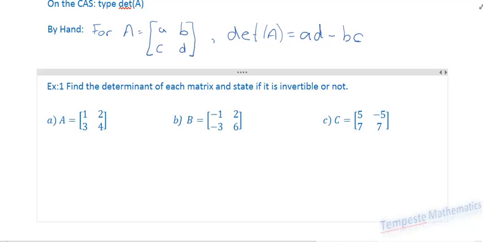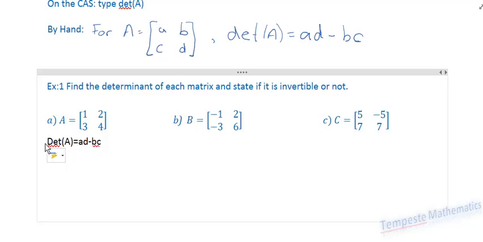If we're looking to find the determinant, my determinant of A is AD minus BC. So it's the diagonal going from top left down and then top right down.